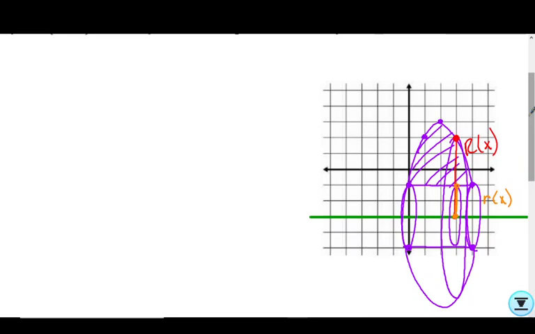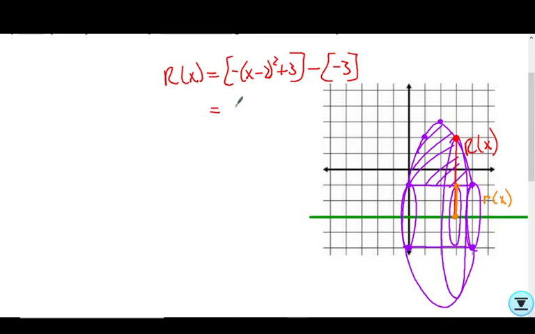Okay, so if I write these down, my R of x, the top function, is this function, -(x - 2)^2 + 3, minus my bottom, and when you simplify, you get -(x - 2)^2 + 6.